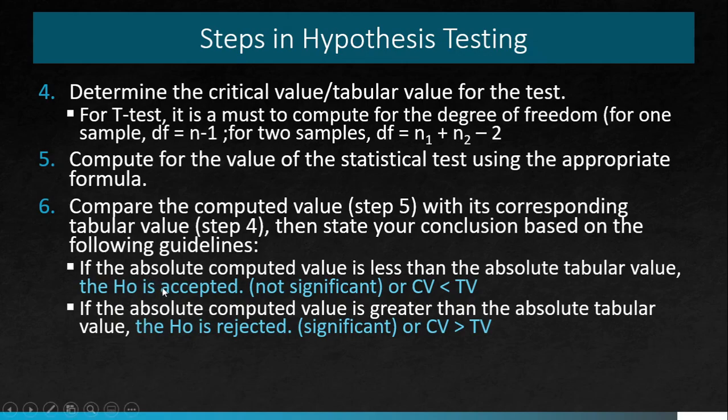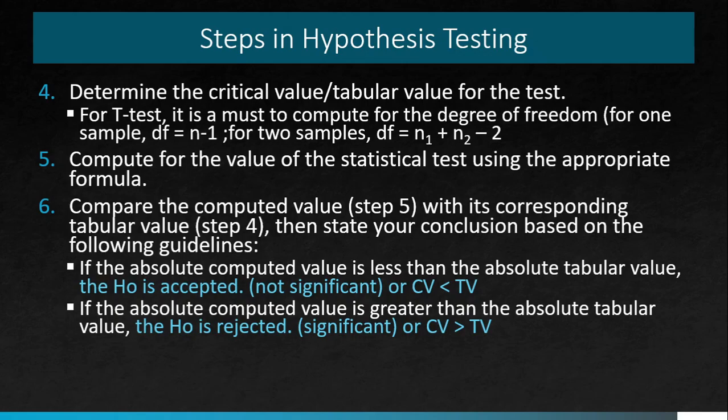But if it's the other way around, let's say your computed value, the value that you have computed from step 5, is greater than your tabular value, the value that you have determined in step 4, then we can say that there's a significant difference between these two values, in which you will now reject your null hypothesis and you will accept your research or your alternative hypothesis.